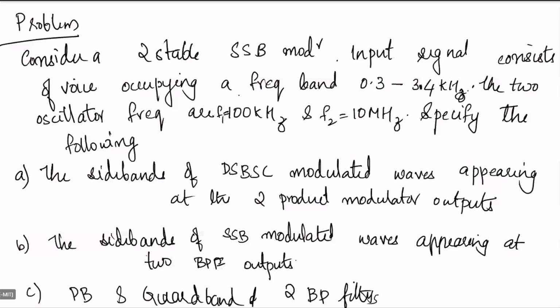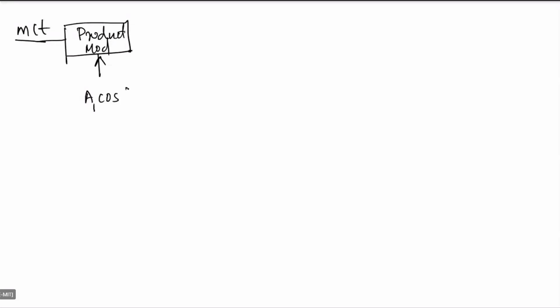So the block diagram is the two-stage SSB generator. Last class we had seen it. You have a message signal m of t, a product modulator with A1 cos 2 pi f1 t, and here a band pass filter 1.